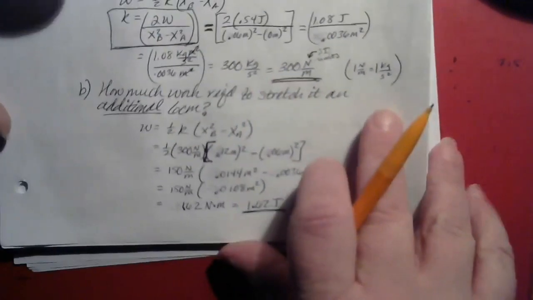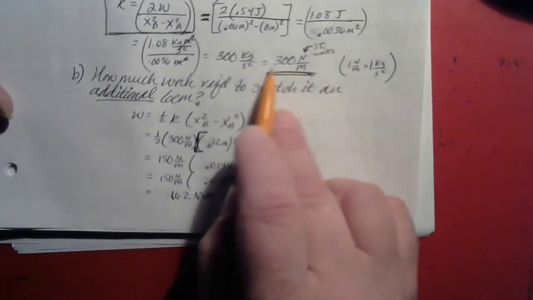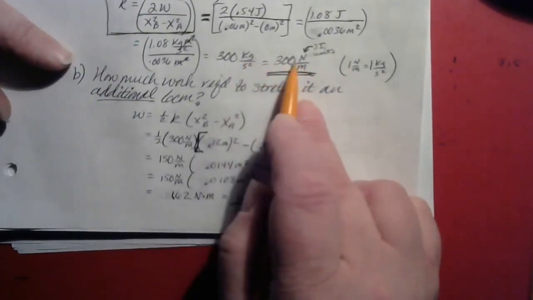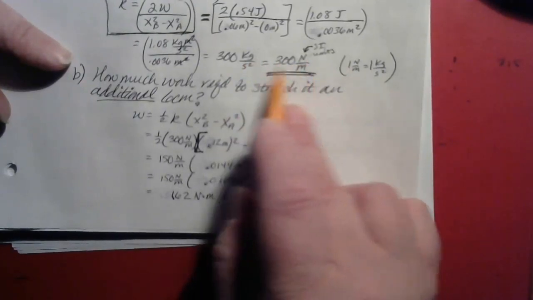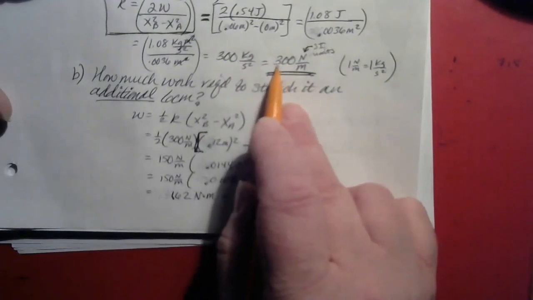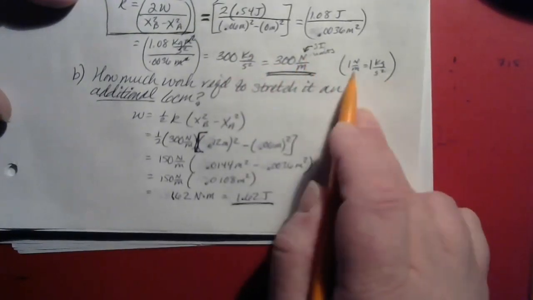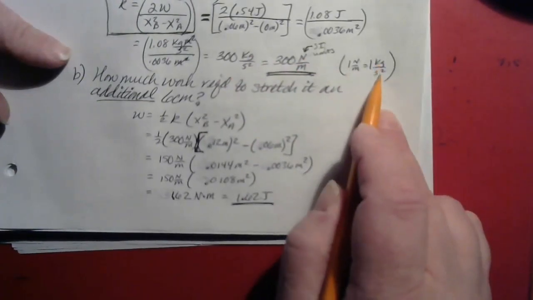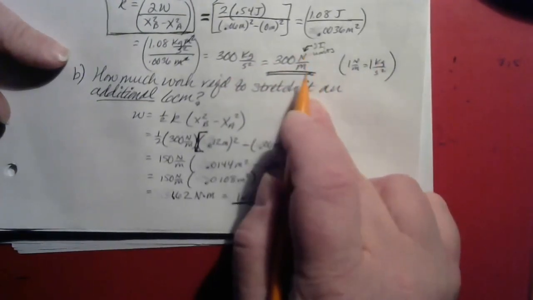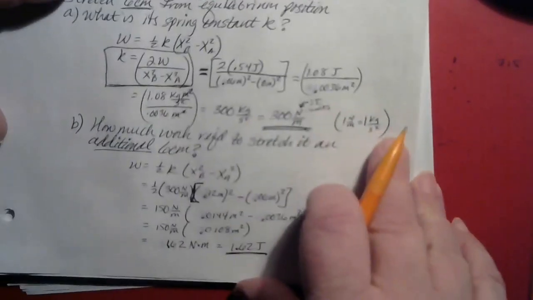And that may not seem like a very sensible unit, but actually that is equivalent to newtons per meter. So 300 kilograms per second squared is the same as 300 newtons per meter. And that's because 1 newton per meter is 1 kilogram per second squared. And newtons per meter would be the SI unit for the spring constant.